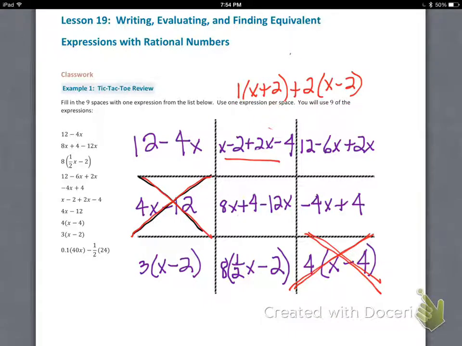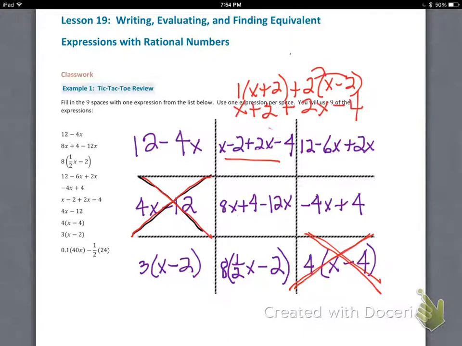Okay, and what happens with this one is that, of course, we have a 1 outside the parentheses. It makes no difference to what's in the parentheses. So I just did that, and now I'm going to distribute this 2. 2 times x is 2x, 2 times negative 2 is negative 4. All right.